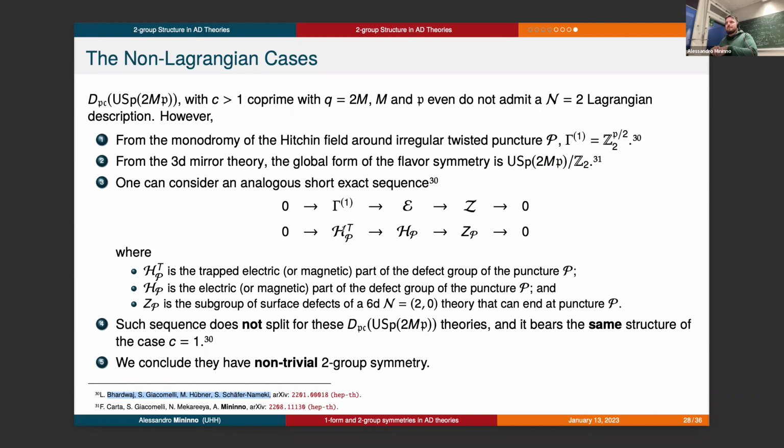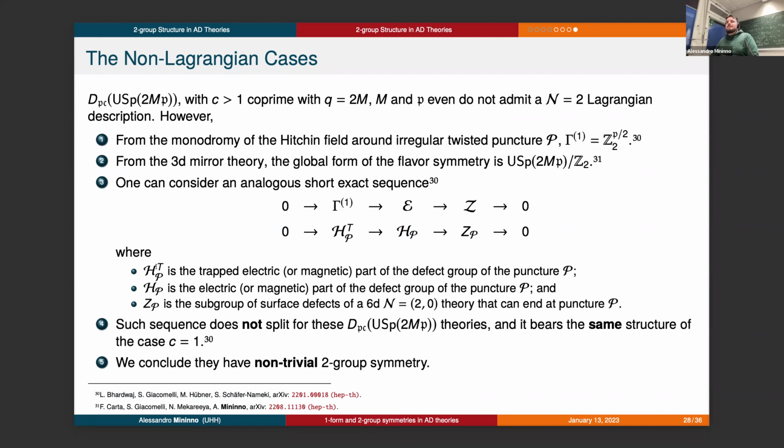This is our interpretation of what they write, that they came up with this short exact sequence that involves the trapped electric part of the defect group at a puncture, and then also the defect group at a puncture and the subgroup of defects that can end on that puncture.